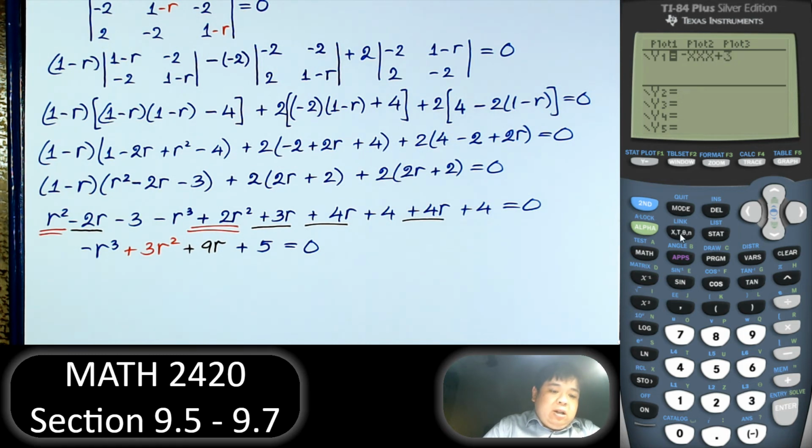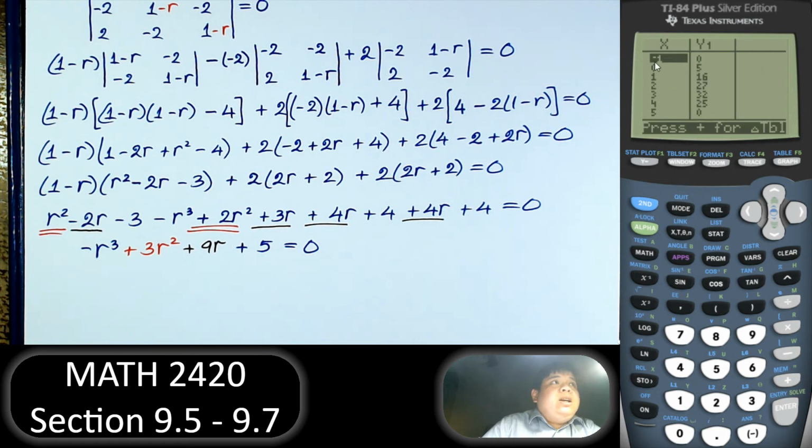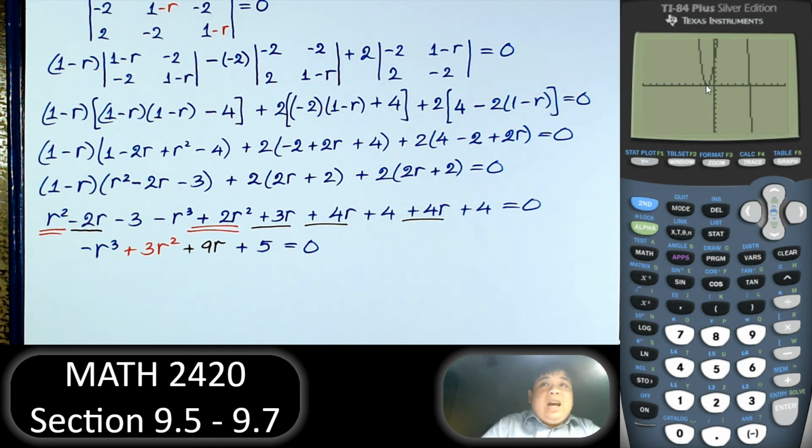Now if we are trying to put this in the calculator, minus x cubed plus 3x squared plus 9x plus 5, look at the graph. We have the solution is 5, and at negative 1 it is a double root. You can see at negative 1 it is equal to 0, at 5 equal to 0, but the graph touches the x-axis, so there's multiplicity of 2.